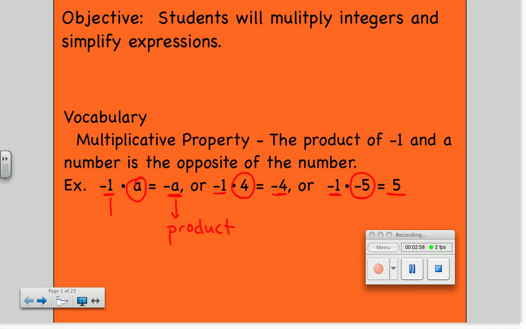These are the factors. So anytime you multiply one factor by another negative factor, then the one factor will change to the opposite of what it is in multiplication. All right, let's move on.